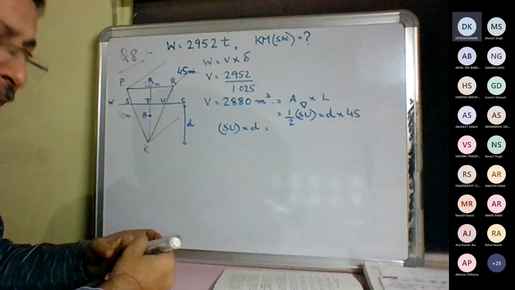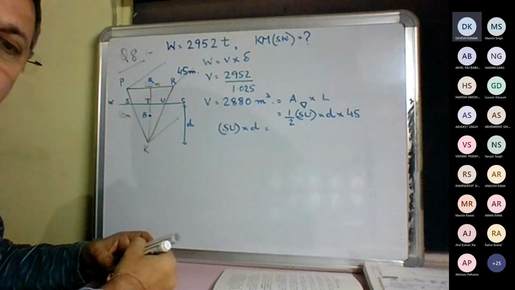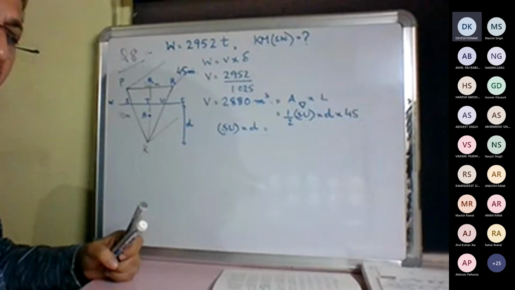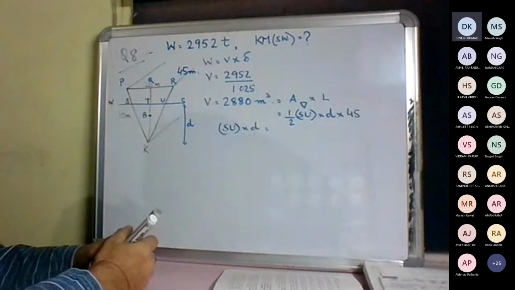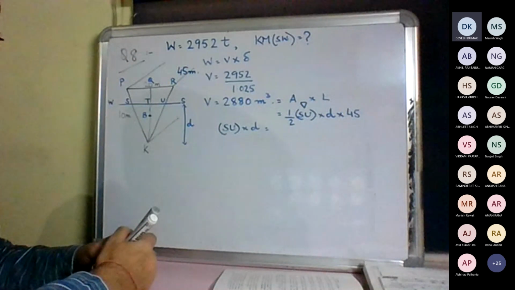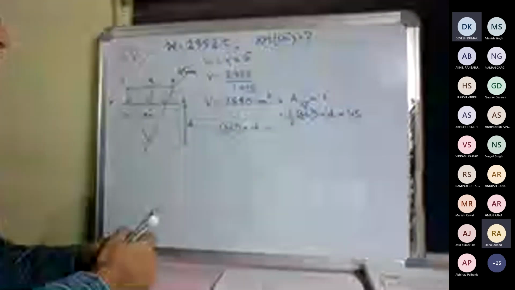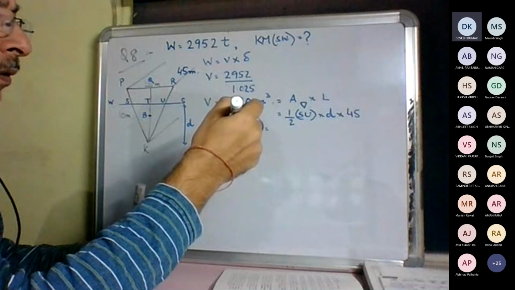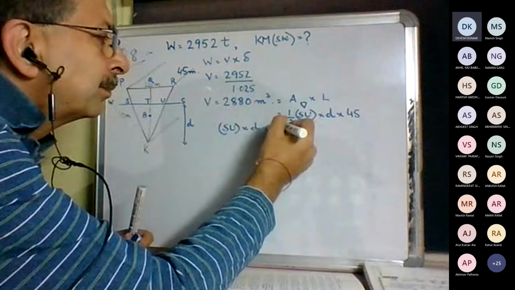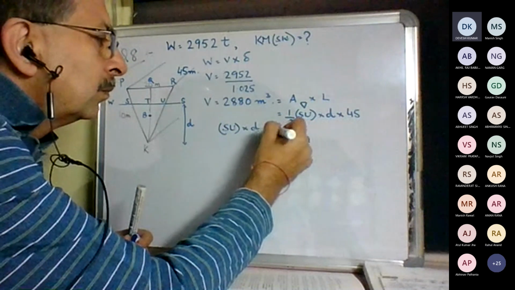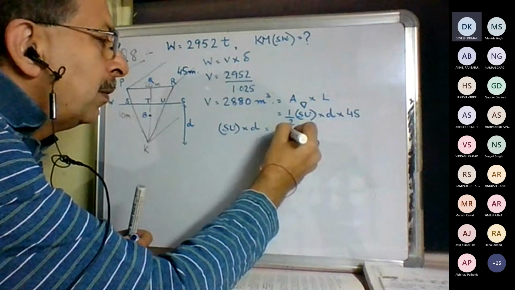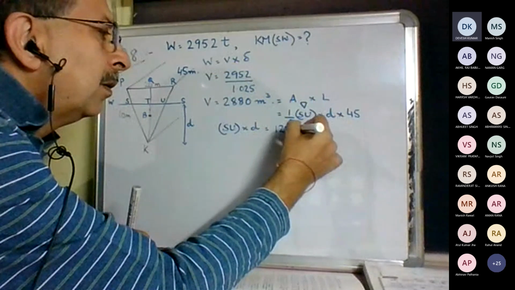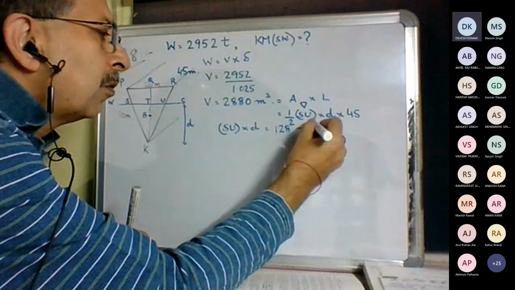Can we do it like this, sir? How much is that? 128. SU into D is 128 meter square.